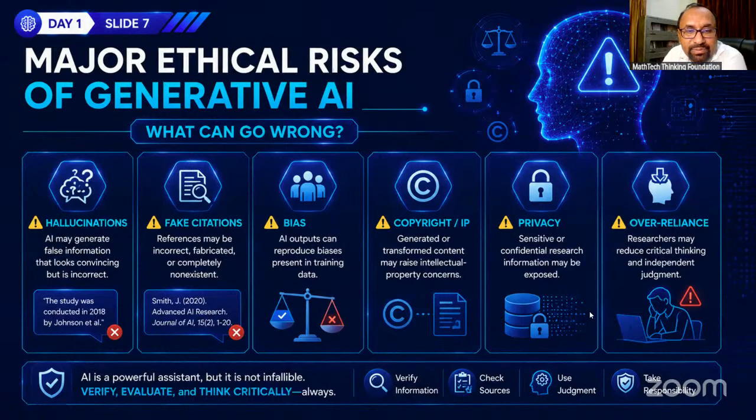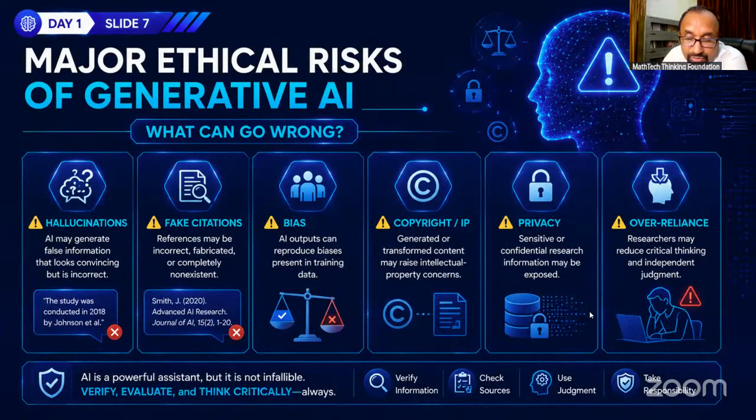Finally, we have over-reliance. If we allow AI to do all of our thinking, we may gradually reduce our own critical reasoning. Therefore, the objective is not to avoid AI. The objective is to use AI without surrendering our critical judgment.